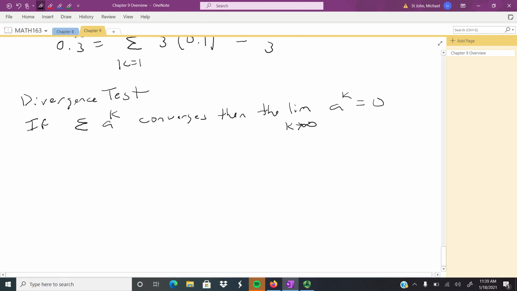Okay. And then if the limit as k goes to infinity of a sub k is not equal to 0, then the series diverges.